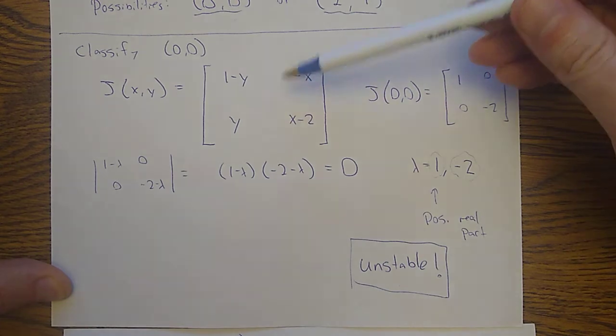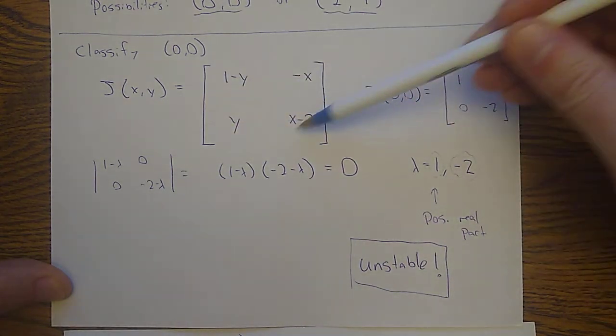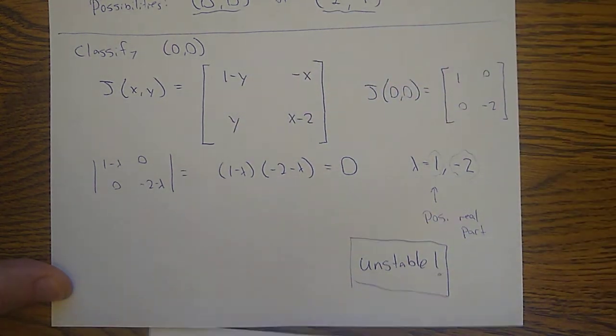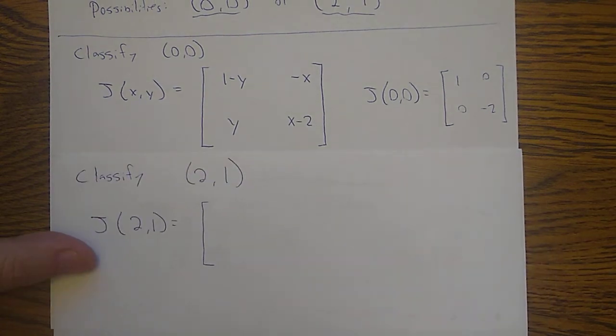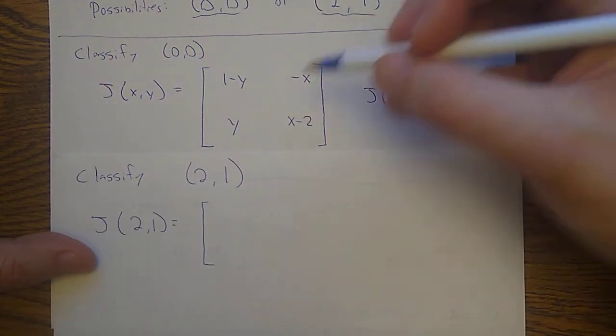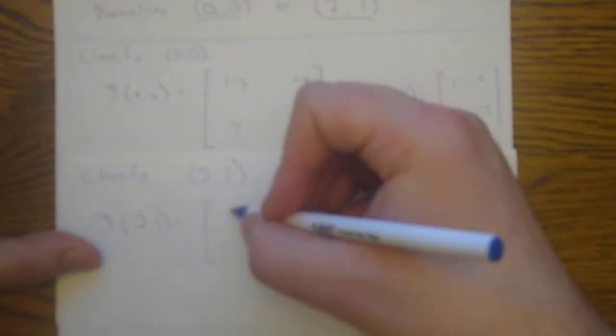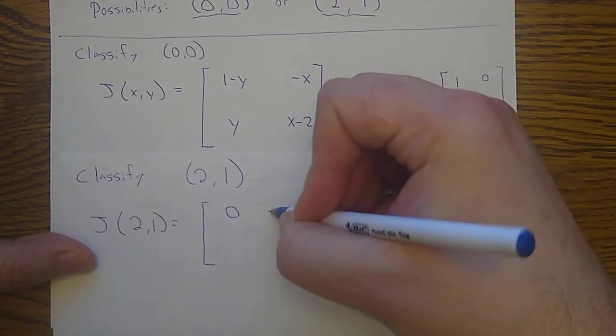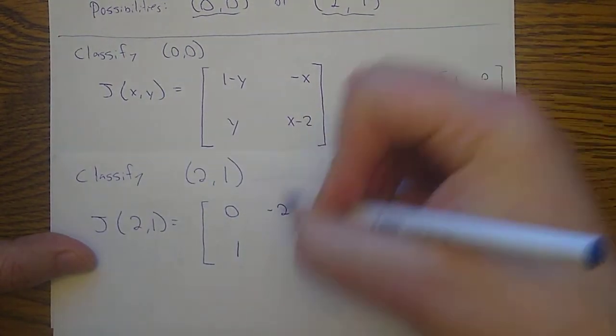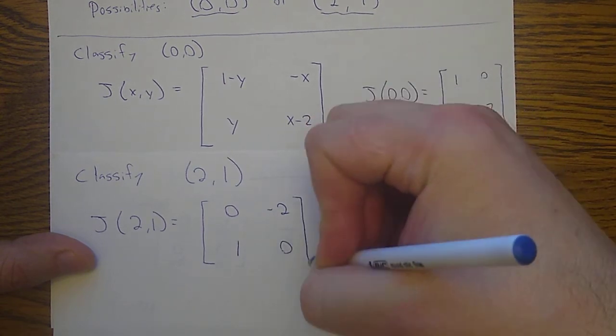Now I'm just plugging in something else. So this time I'm putting in 2 for x, 1 for y. So this one is 0. This is -2. This is 1. This is 0.